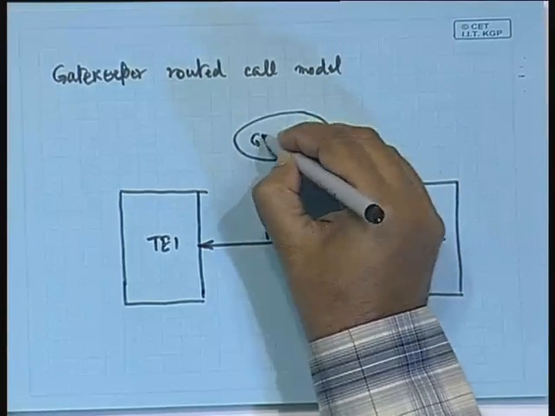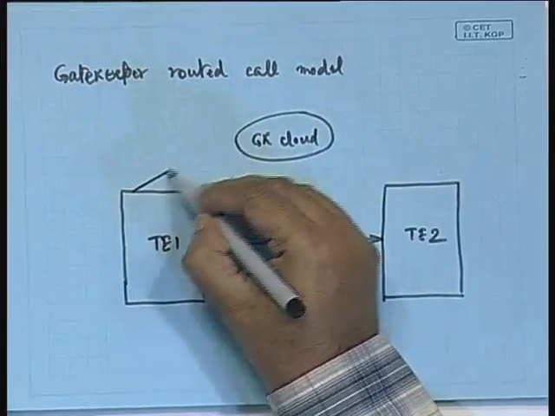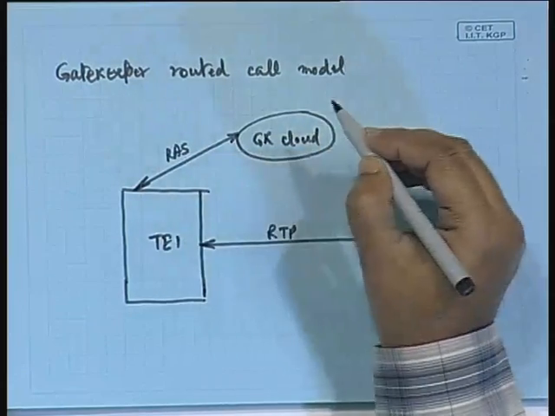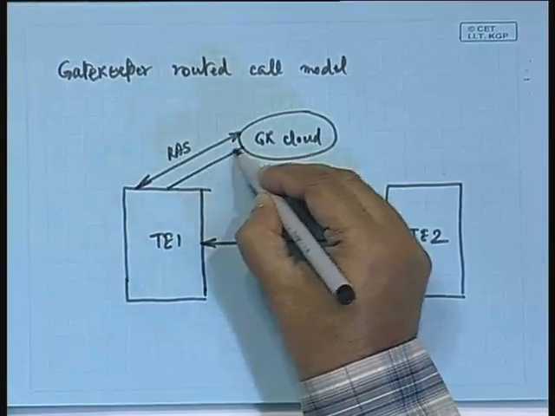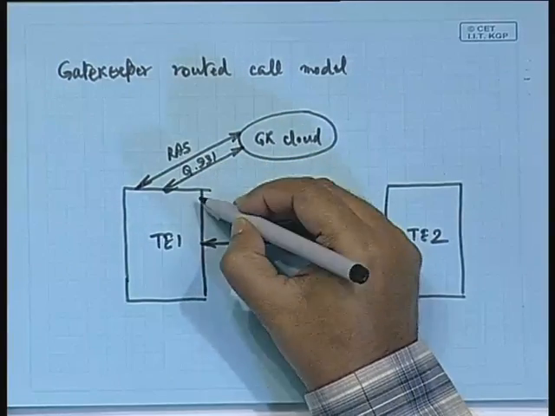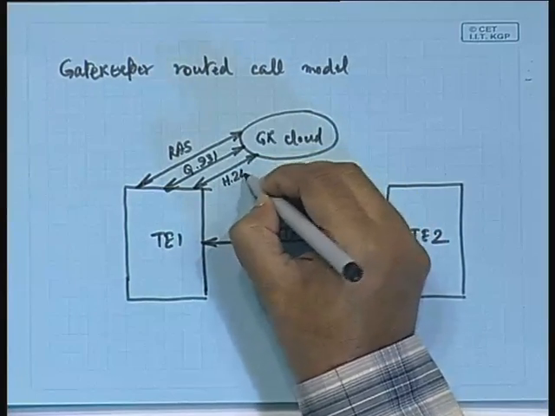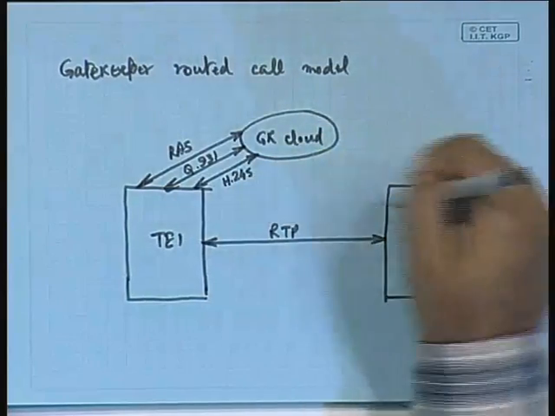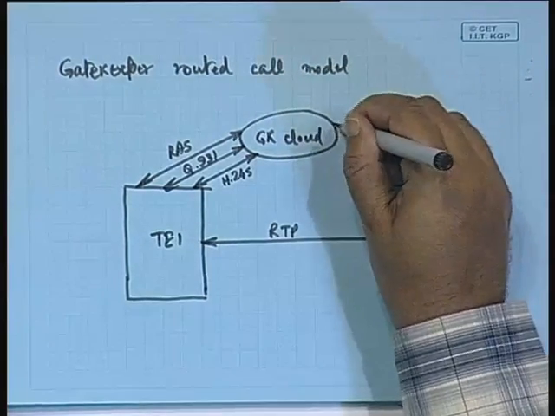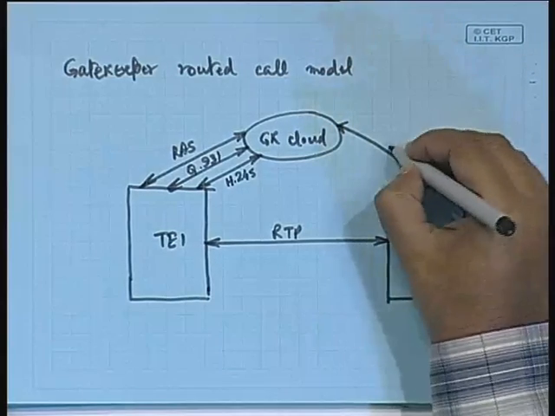So, if we have the GK cloud here, then essentially any communication with GK has to start with the RAS, then the Q.931 and the H.245. Ultimately, it is endpoint to endpoint, but has to go through the GK cloud. So, likewise, even between TE2 and GK cloud, it is RAS.